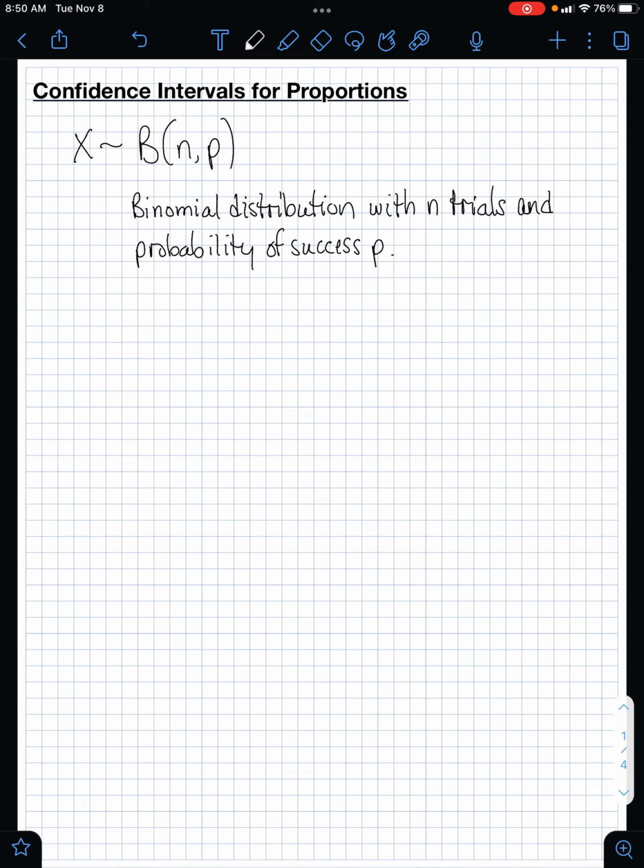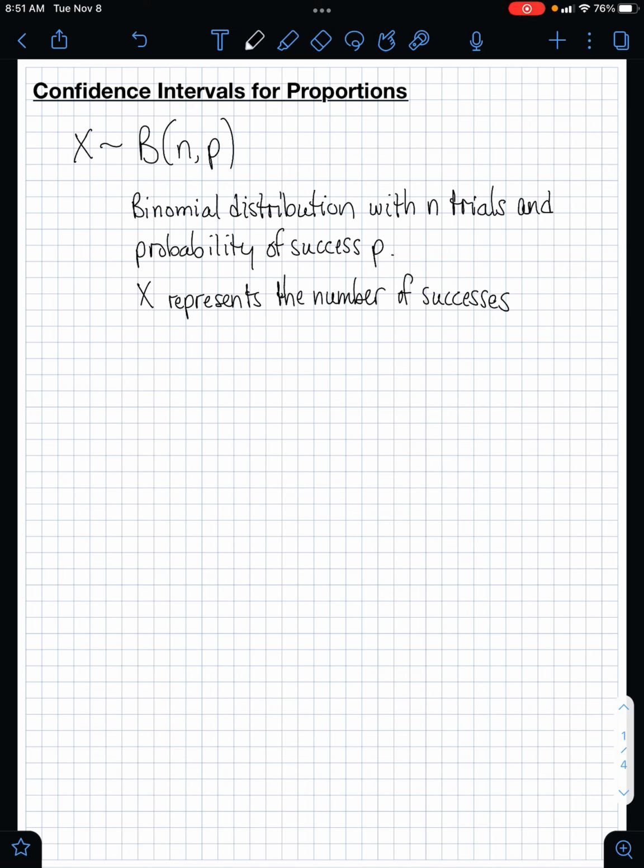Now, the idea is that x then represents the number of successes out of our n trials.